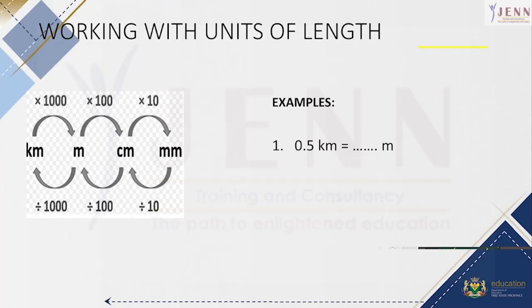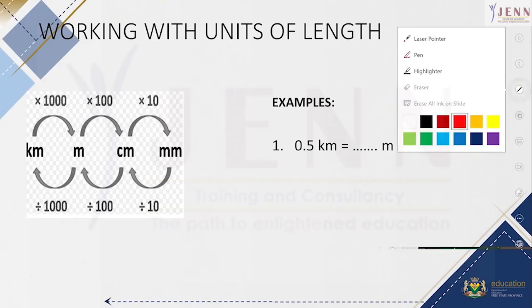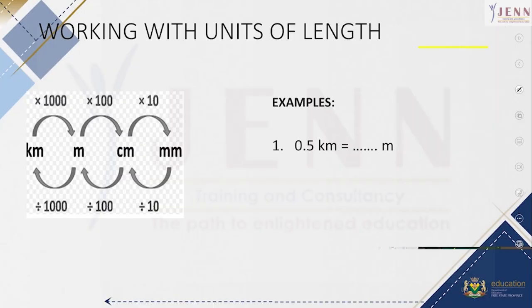For example, 0.5 kilometers to meters. You check, I'm going to meters. The conversion factor from kilometer to meter is 1,000, so you just multiply by 1,000.